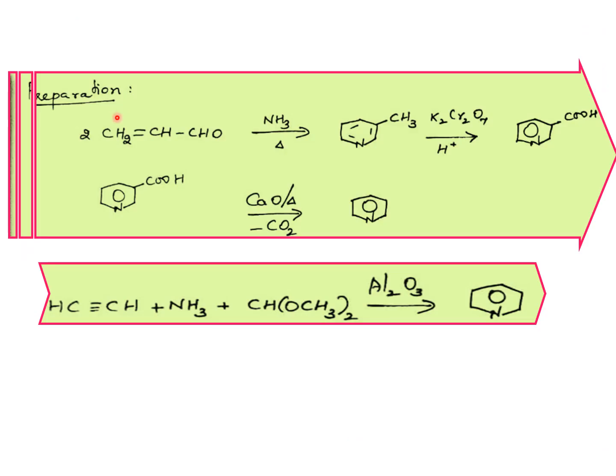Let us see the preparation of pyridine. Here, 2 molecules of acrolein are heated in the presence of ammonia to provide methyl substituted pyridine.